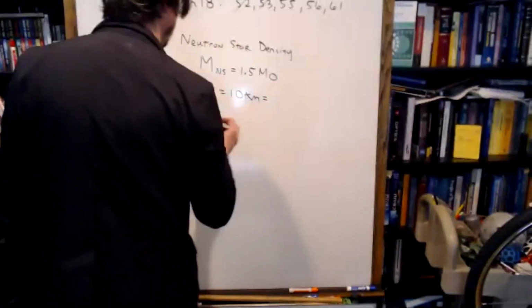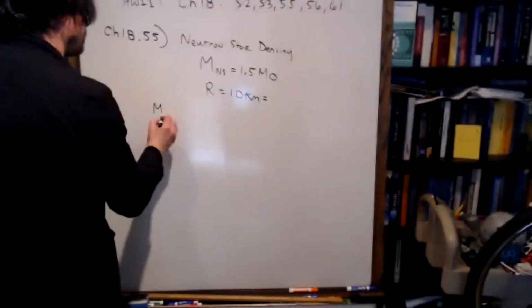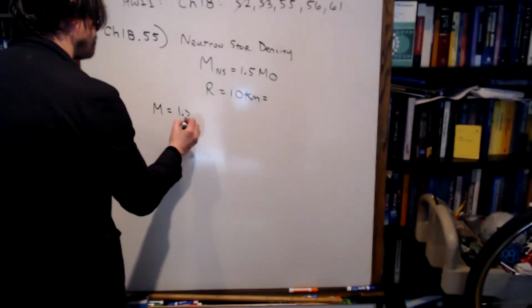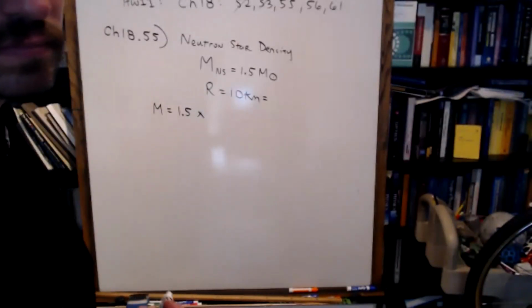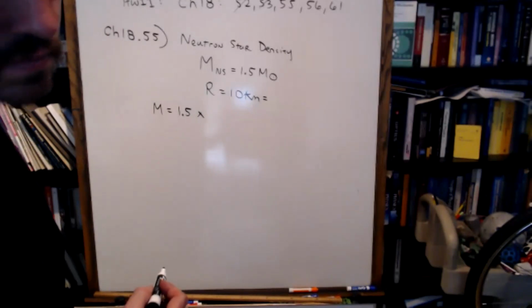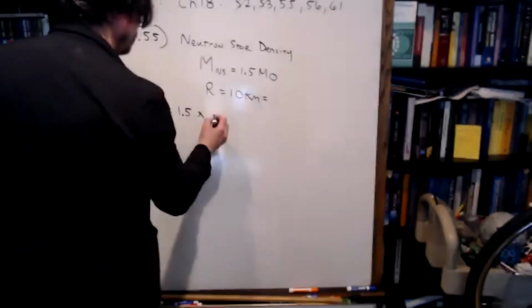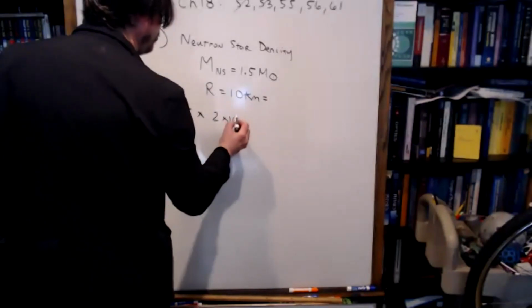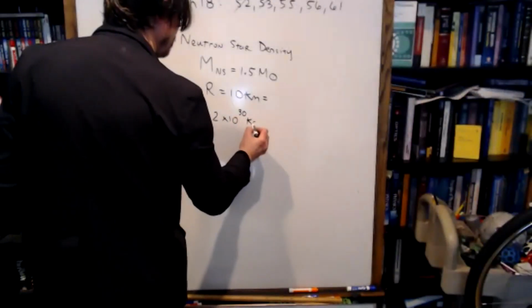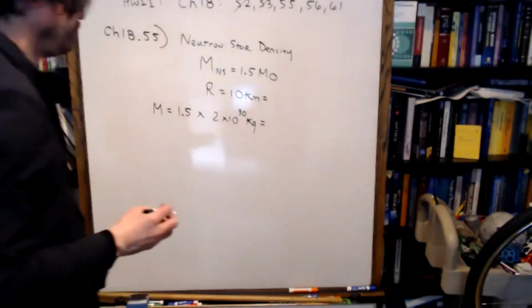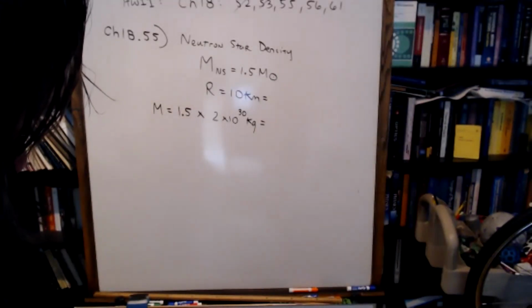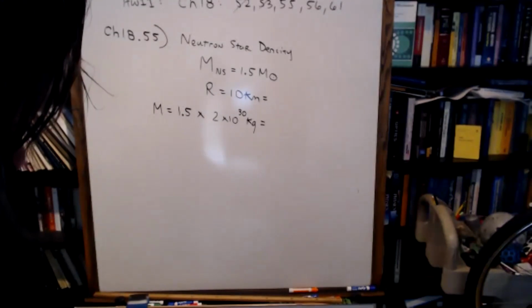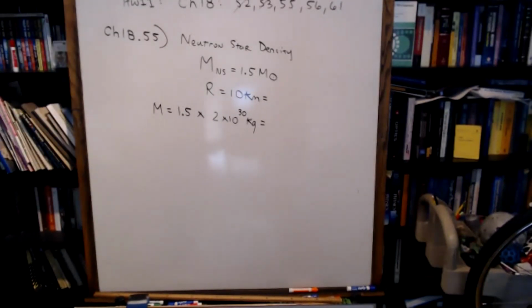What's the mass of the sun? I'll just tell you, it's 2 times 10 to the 30 kilograms. What's 2 times 1.5? 3.